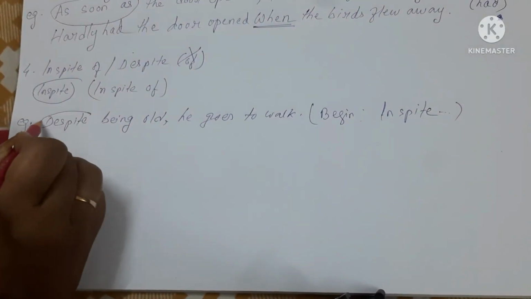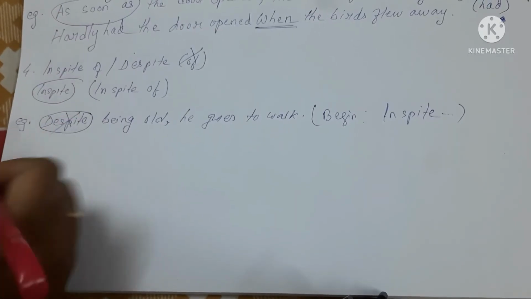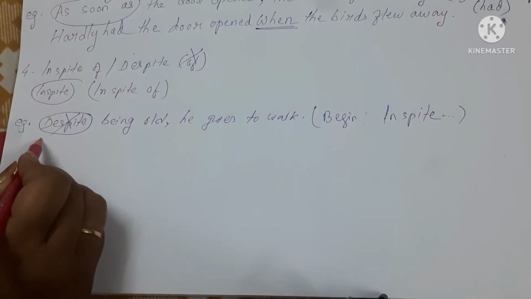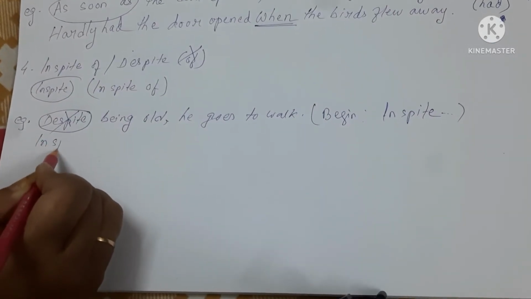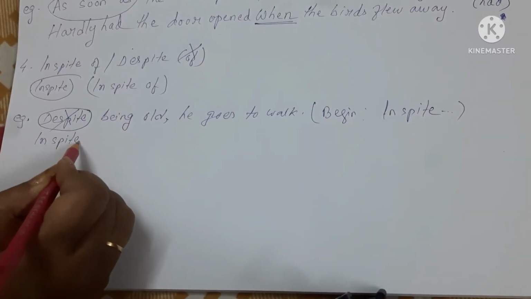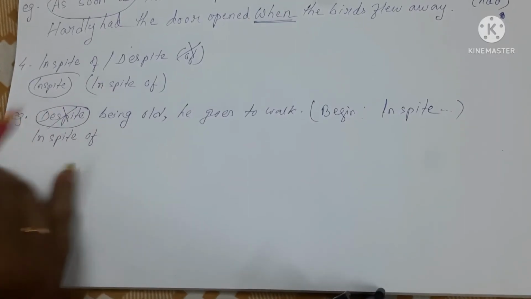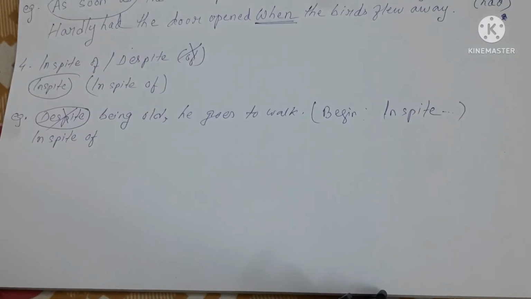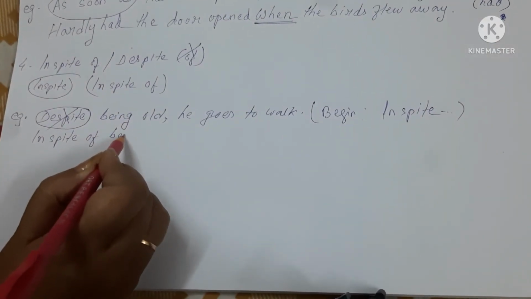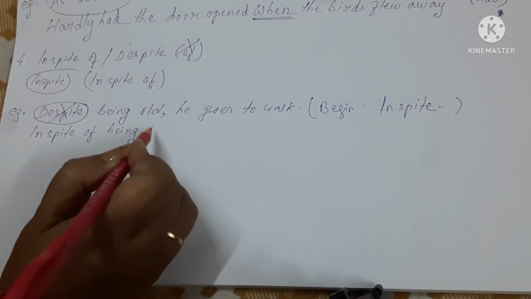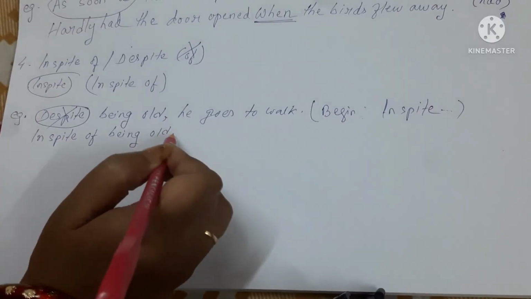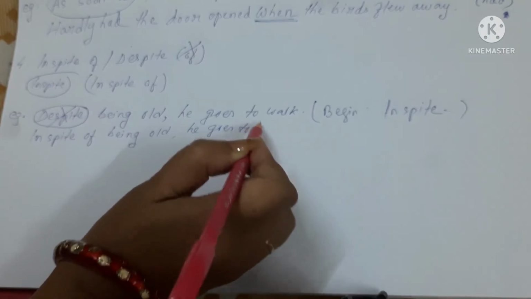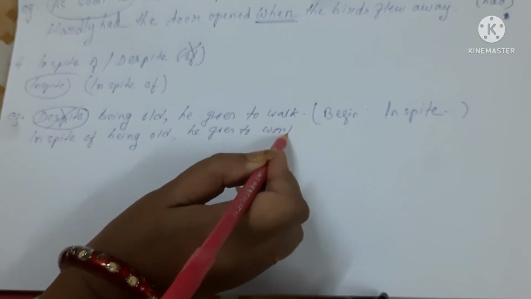So, you have to remove despite. In place of despite, you have to start with in spite, automatically of. In spite of. Now, just copy the rest. In spite of being old, comma, he goes to work.